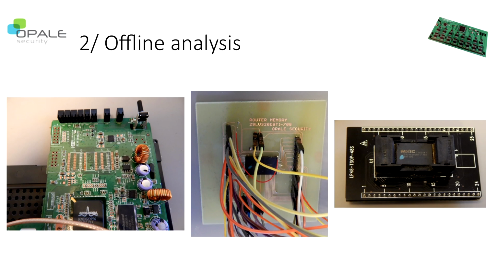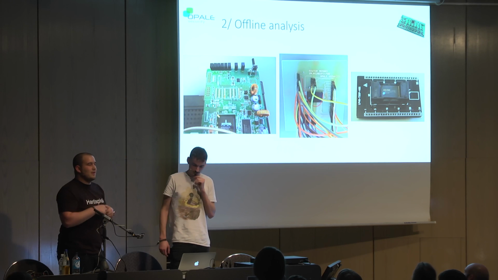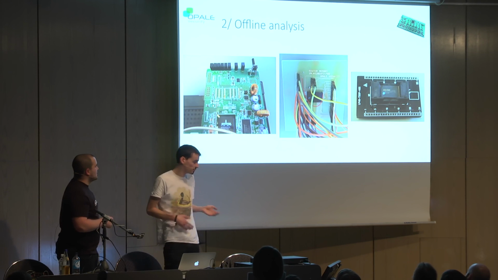We unsolder it and resolder it on our own PCB, or you can use a custom board, because it has a very fine pitch, very close together, and most of the time it's not easy to just put a wire. If you can't create your own PCB, you can use this kind of device.